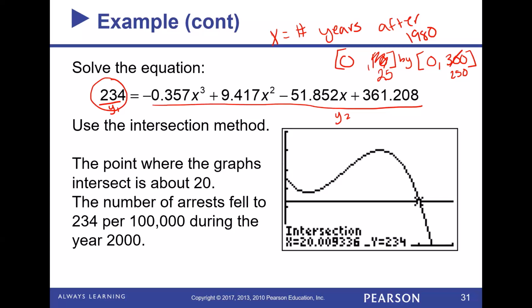But the big takeaway is that the x-intercepts, the y-intercepts, and solutions of a polynomial equal to 0 are all basically the same method. And we can still solve these polynomials by using the methods that we learned in previous sections, like the intersection method, the root method, and the factoring method. All of those are ways that we can help solve it. Okay, so keep that in mind as you're going through these.